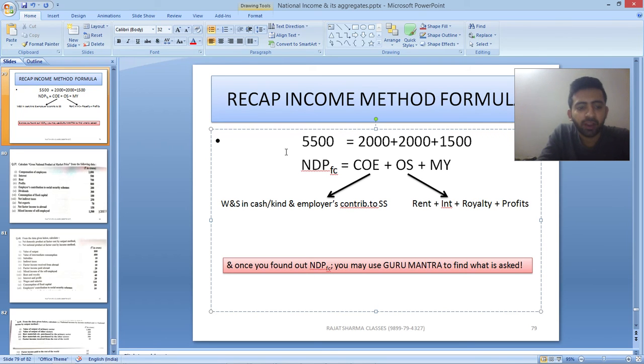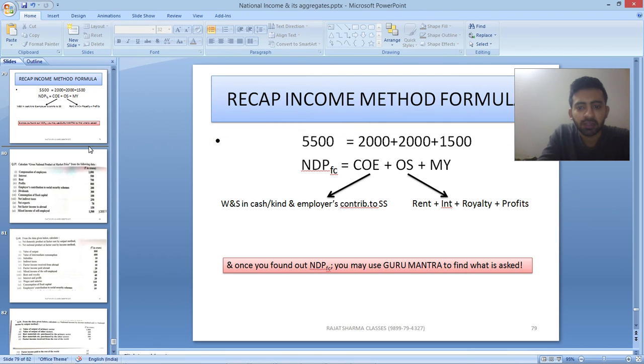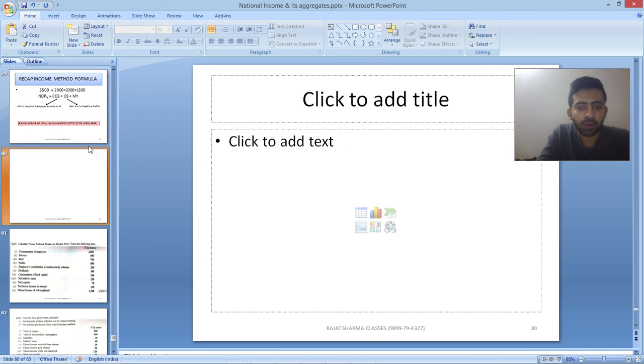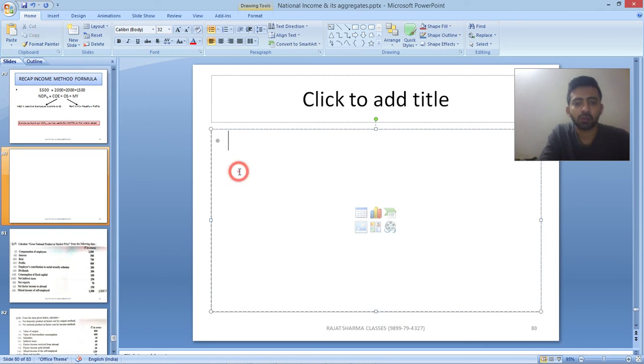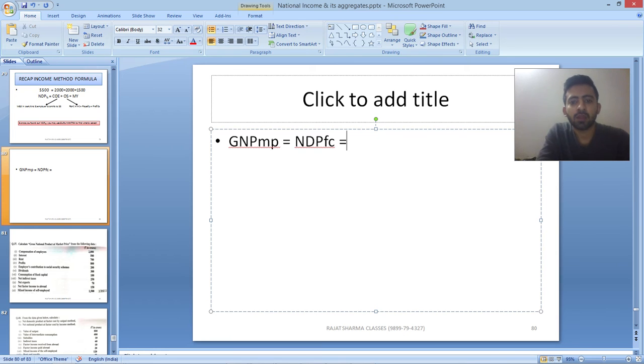Now once you have already found out NDP at FC, look at what you need to find out in the question. You need to find out gross national product at market price through NDP at FC. Here we can use Guru Mantra. The first value, net.